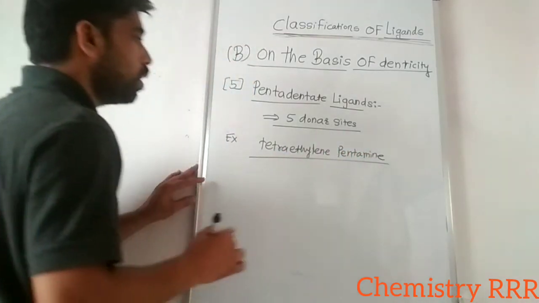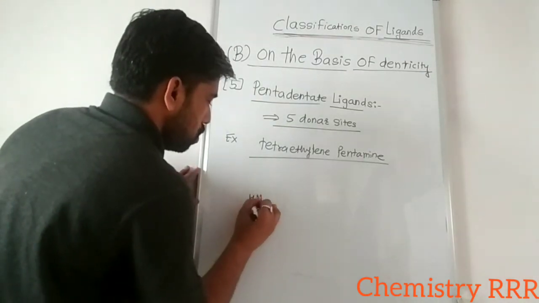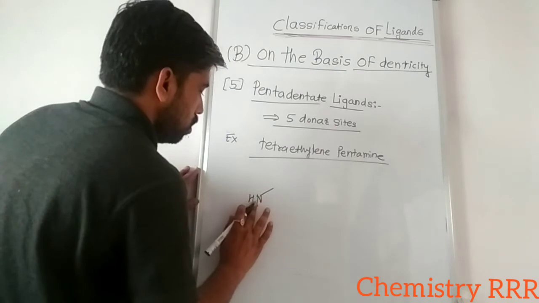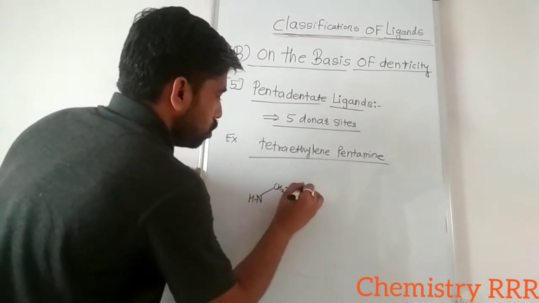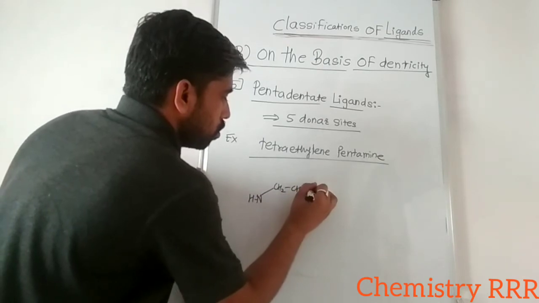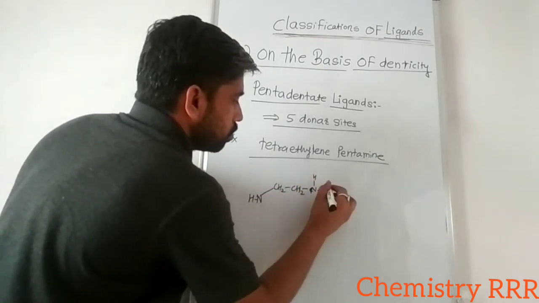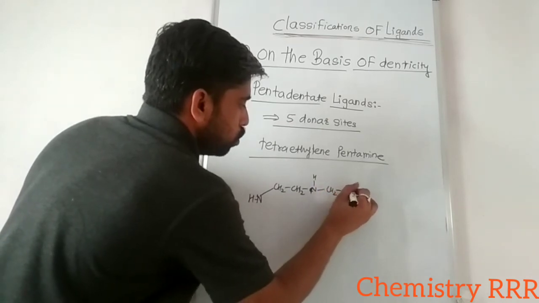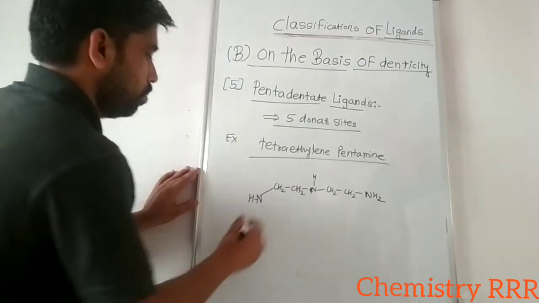Tetraethylene pentamine. The structure is NH, CH2, CH2, then NH again, CH2, CH2, NH2.